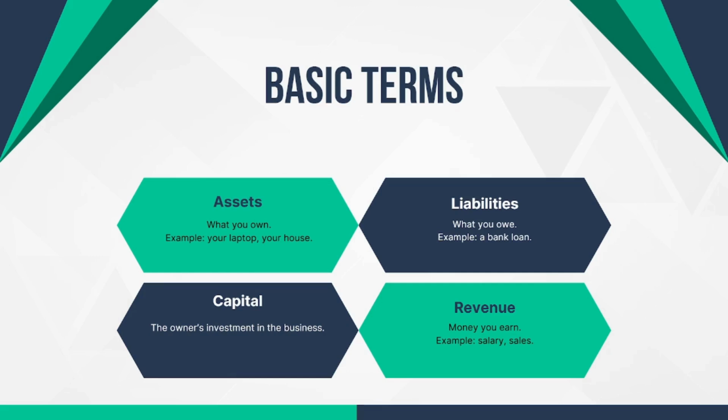And liabilities mean what you owe. For example, a bank loan. If you purchase something on credit, you have to pay it back to the supplier, and that is also your liability.